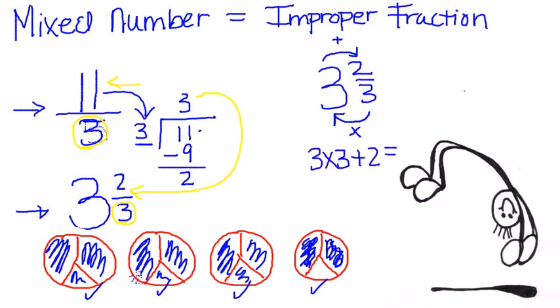That's 9 plus 2 more, which is 11. We take that 11 and put it over our denominator that we started out with, which was 3. So 3 is what gets written here on the bottom. And sure enough, like magic, 11 thirds was what we started off with, and 11 thirds is what we get.